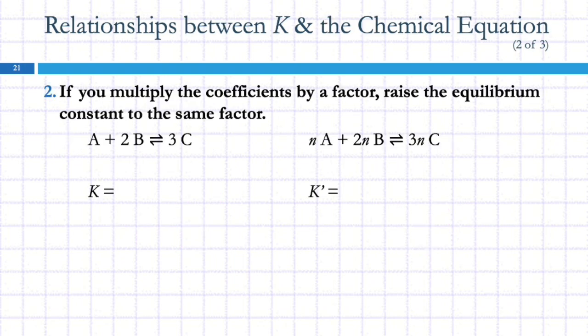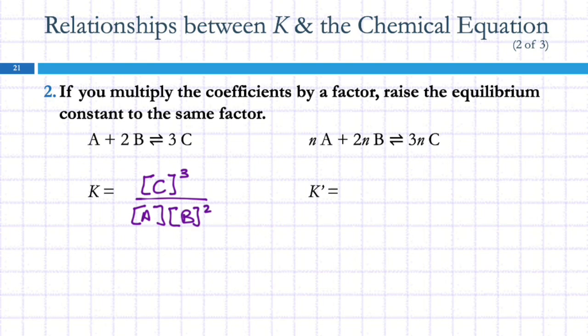If you multiply the coefficients by a factor, you double all the coefficients, then you raise the equilibrium constant to the same factor. Again, instead of multiplying like we did with enthalpies of reaction, we're going to raise to the power. So let's look at this again. Here we have A plus 2B equals C, and so our equilibrium constant is going to be C cubed over A times B squared. Now over here, we're multiplying all the coefficients by some number n. It can be 2, 3, whatever.